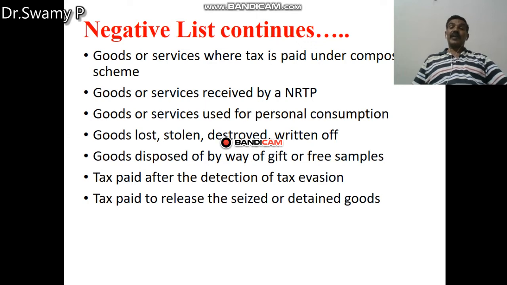The person who is carrying the goods from the place of purchase to the recipient's place must possess the invoices. If there is no document and the authority seizes or detains the goods, input tax credit cannot be deducted out of such goods. These are the negative list.